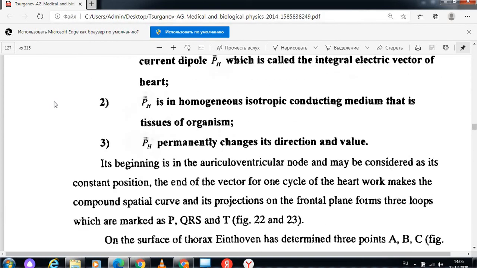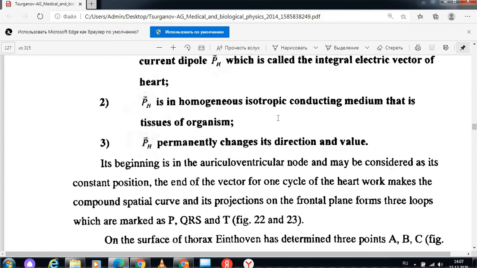Second, the integral electric vector of the heart is in a homogeneous isotropic conducting medium, that is, the tissues of the organism. And third, the integral electric vector of the heart permanently changes its direction and magnitude.